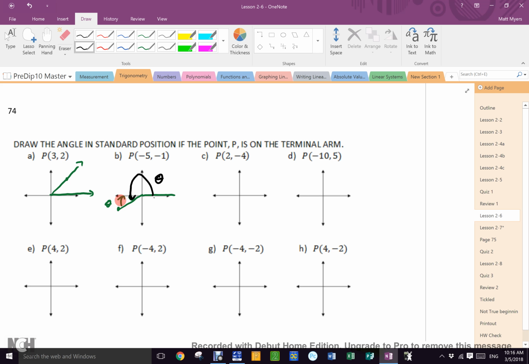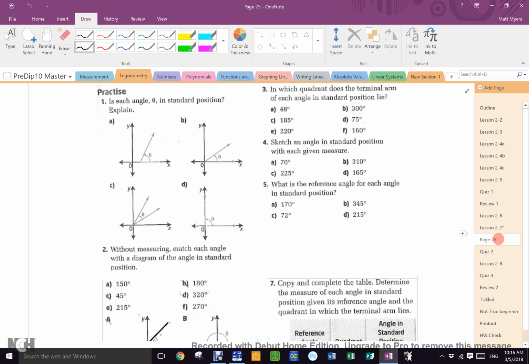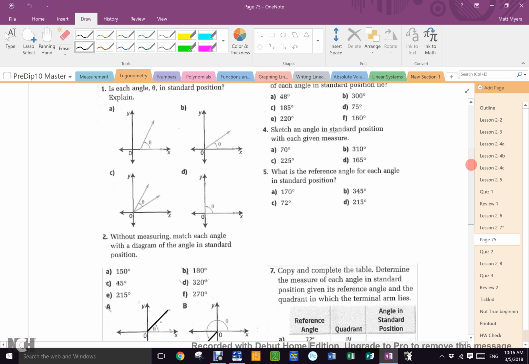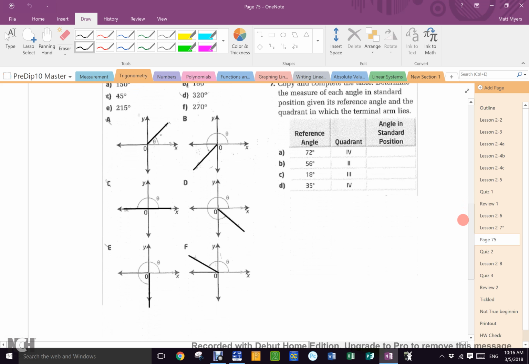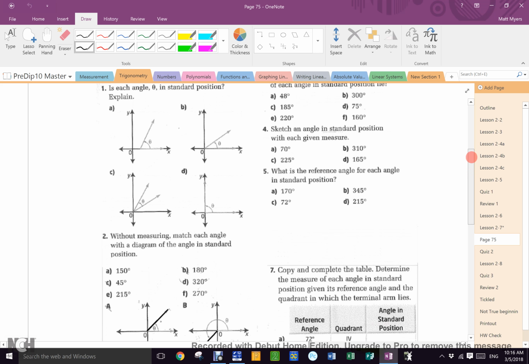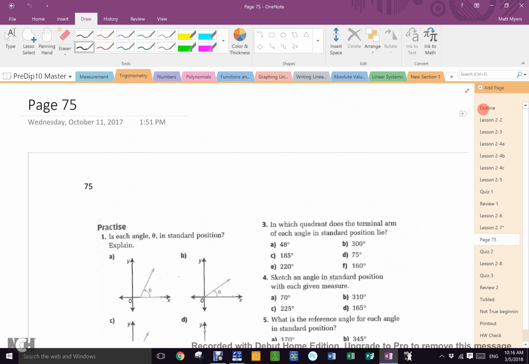While you're filling that in, I will be checking something because I think your book is actually missing a page. It is. I need to print that page for you all.